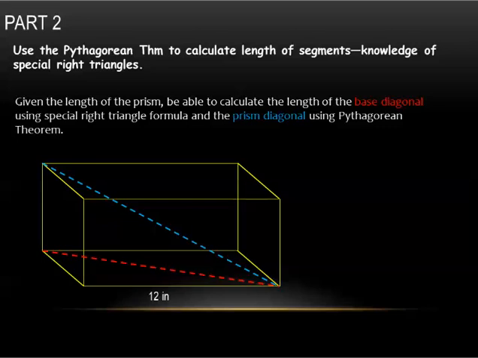Now, on this one, this is sort of like the question that is on the test. It's not the exact question, but what they're going to want you to do is tell them what the length of that blue dashed line is, and all they give you in the problem is the length of the prism.